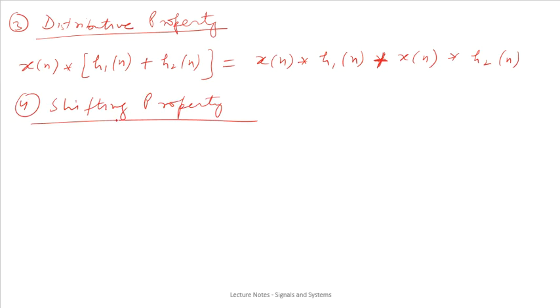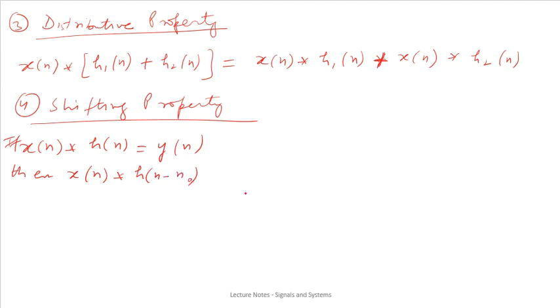Okay, so according to this shifting property, if xn convolution with hn is giving you yn, and then if there is a shift, let's suppose in the impulse response signal, that is hn, it will be hn minus n naught, or if there is a shift in xn, that is xn minus n naught, or there is, you can say, shift in both signals.